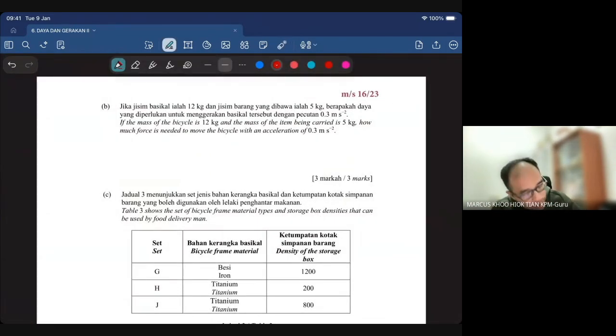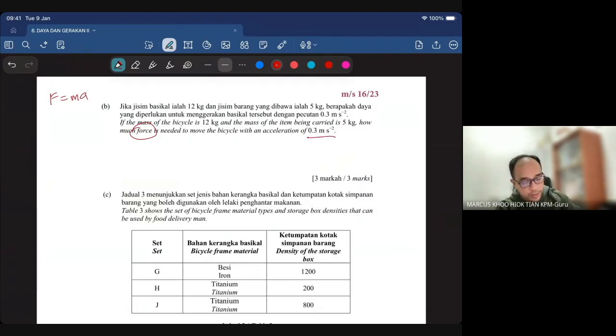Okay, if the mass of a bicycle is 12 kilograms, and the mass of the item being carried is 5 kilograms, and don't forget the guy's mass is 70 kilograms, what is the force that is needed? Of course, when we talk about this, we go back to the first forces and motion one, which is force equals mass times acceleration. We need to calculate the total mass first. We are given the acceleration.